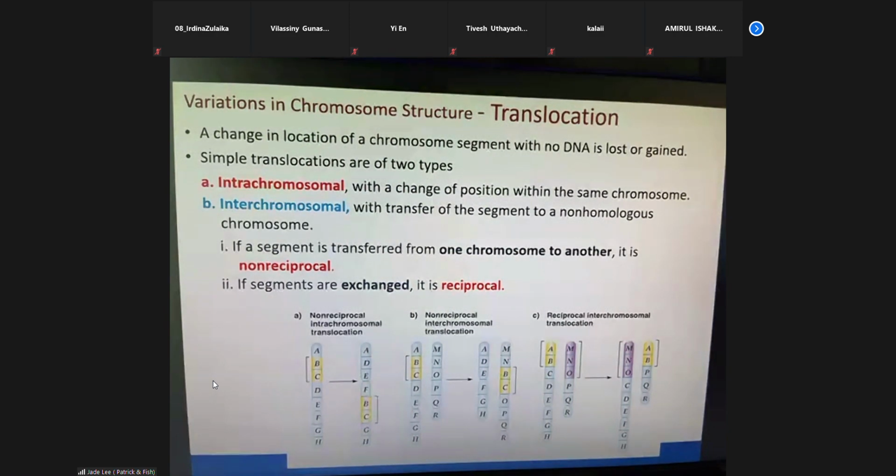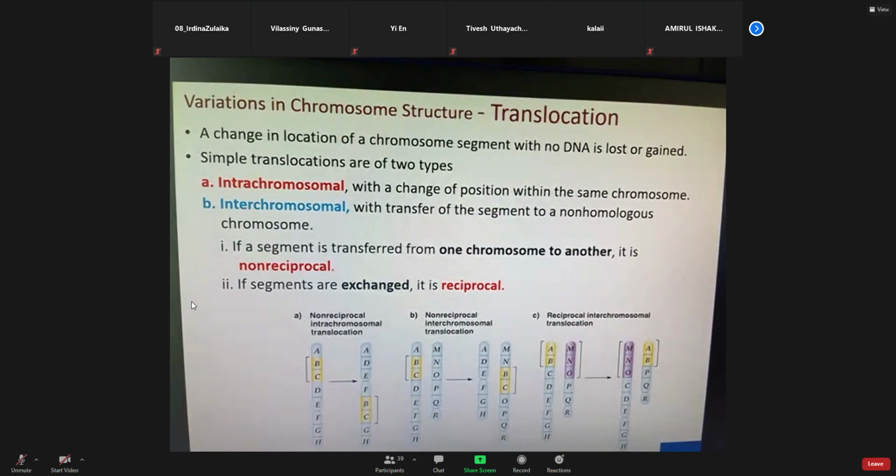Ya, dia cuma tertukar tempat daripada sini ke sini. Dia masih dalam kromosom yang sama kan? Dia called intrachromosomal. Tapi dia non-reciprocal, because kawasan sudah berbeza.